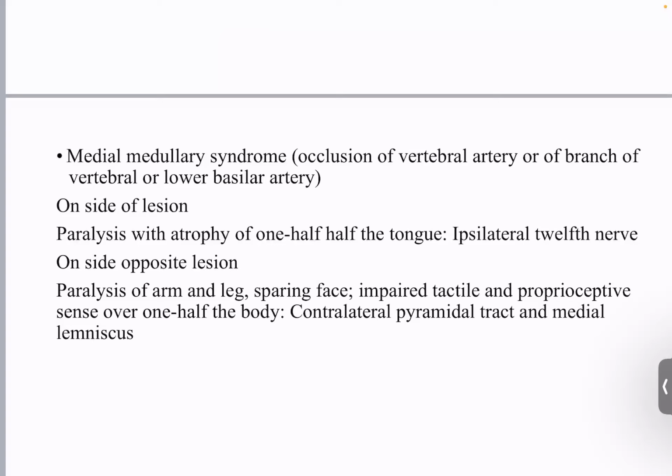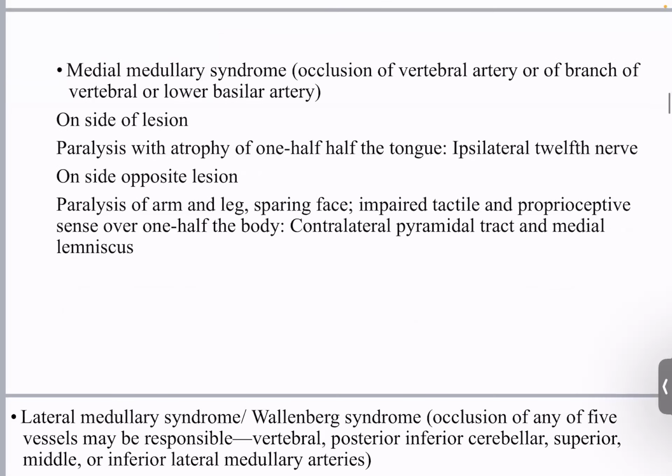Then we have motor involvement, that is pyramidal tract involvement, causing paralysis of arms and legs on the contralateral side. And then we have medial longitudinal fasciculus and medial lemniscus involvement, causing impaired tactile and proprioceptive sensation over the contralateral side.